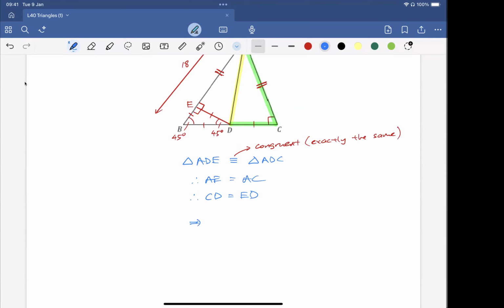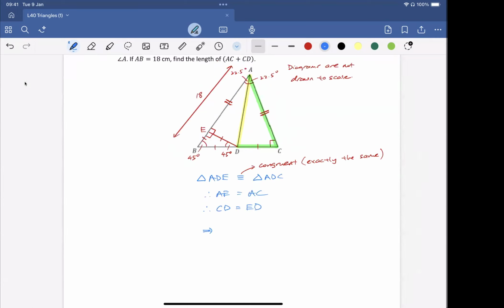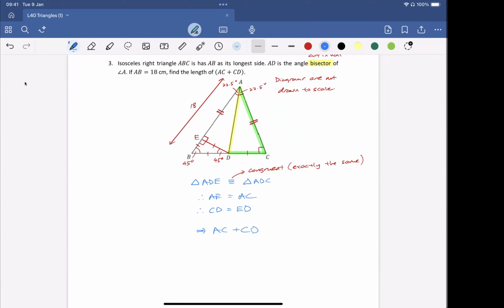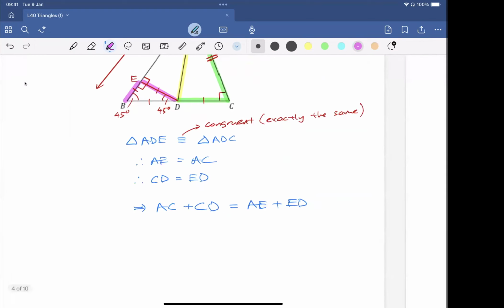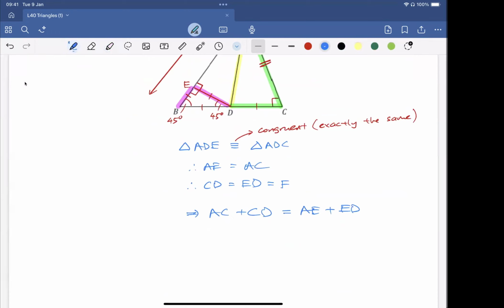So, what can you conclude from this? You can conclude that if you want to find AC plus CD, then it is as good as taking AE plus ED. But do you know that ED, where's ED? This length ED is the same as EB. ED and EB are the same. So instead of writing ED, I'm going to write EB.